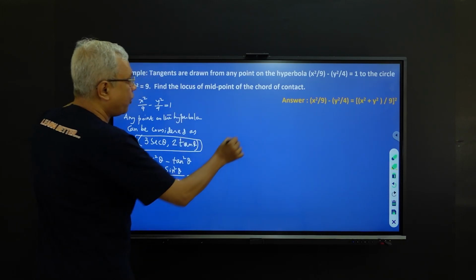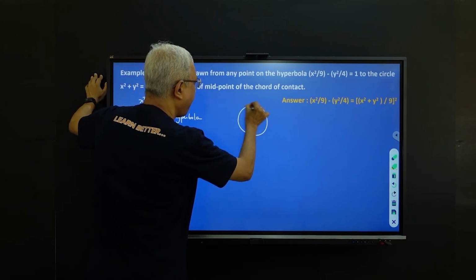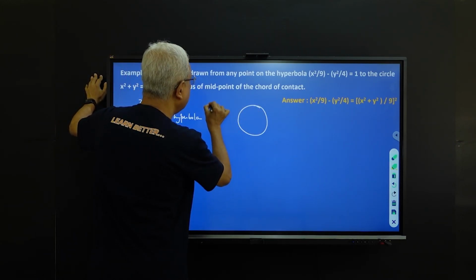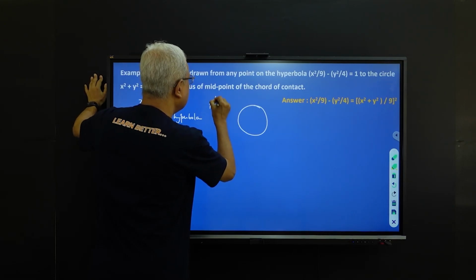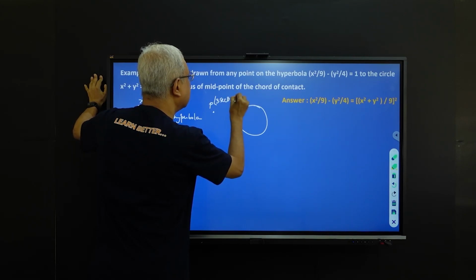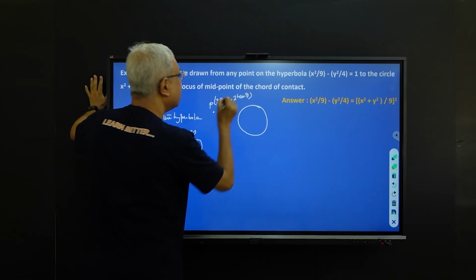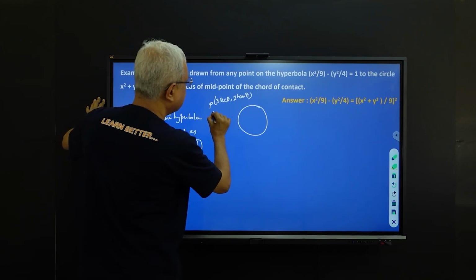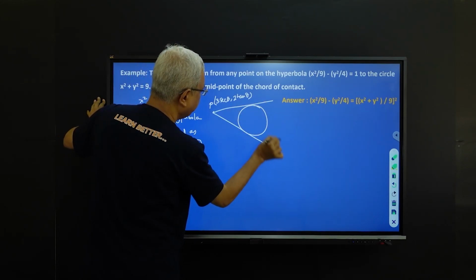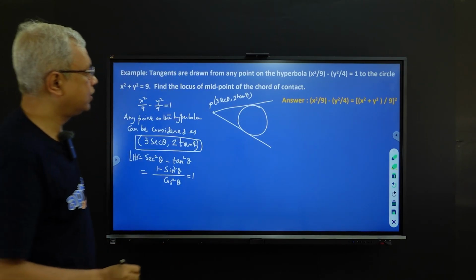Now from this point, this is point P whose coordinate is 3 sec theta, 2 tan theta. So from that I have drawn two tangents.